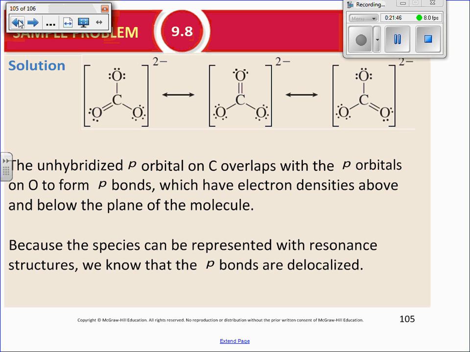The carbon atom also has a p, but I can't draw it right, but the way it overlaps, it can be on any of the oxygens. So it's delocalized over all 3 oxygens. So it's not like you have one carbon-oxygen double bond. If you measure them, they're all the same length. And then it flips back and forth. So it's delocalized over all 3 of the oxygen atoms.